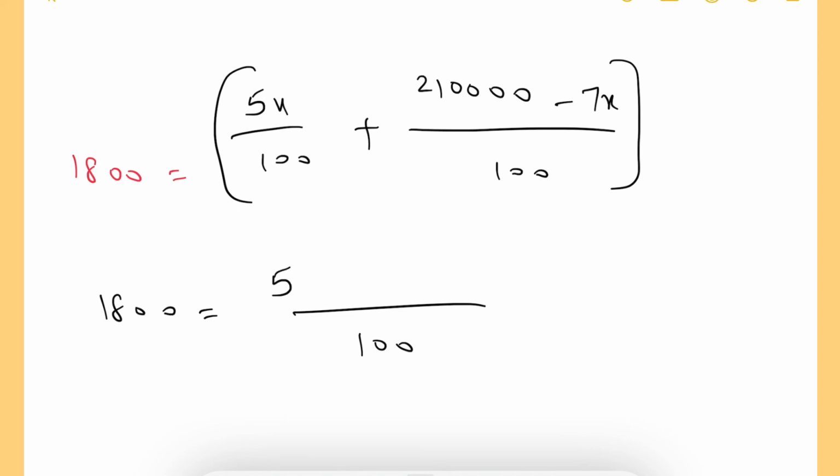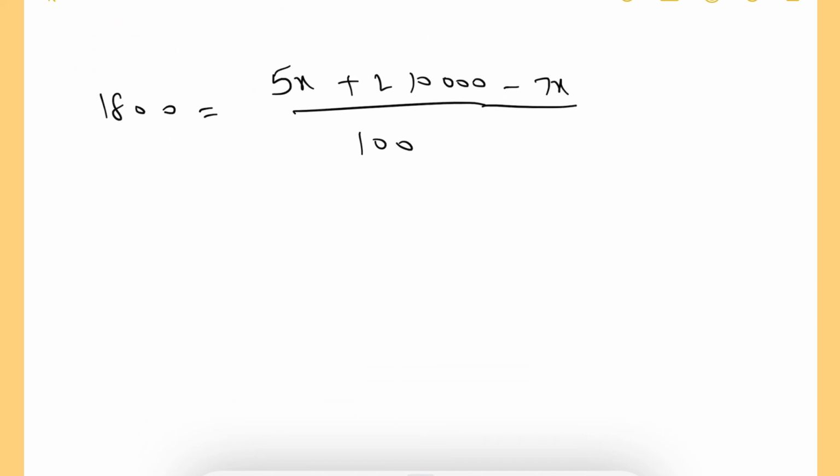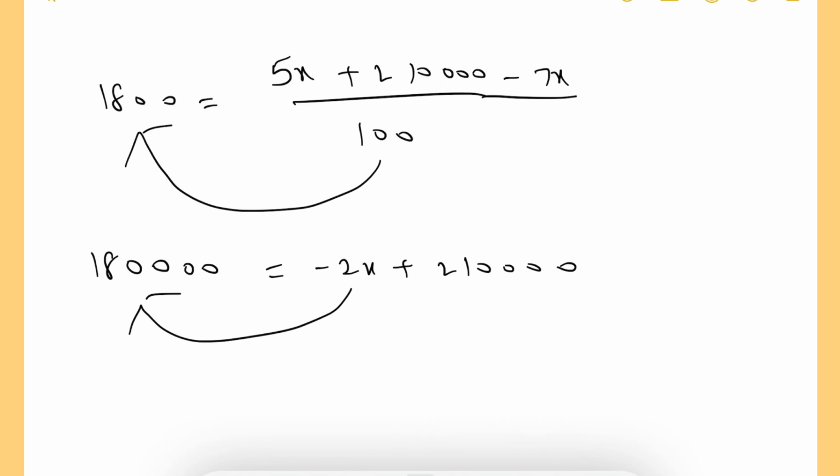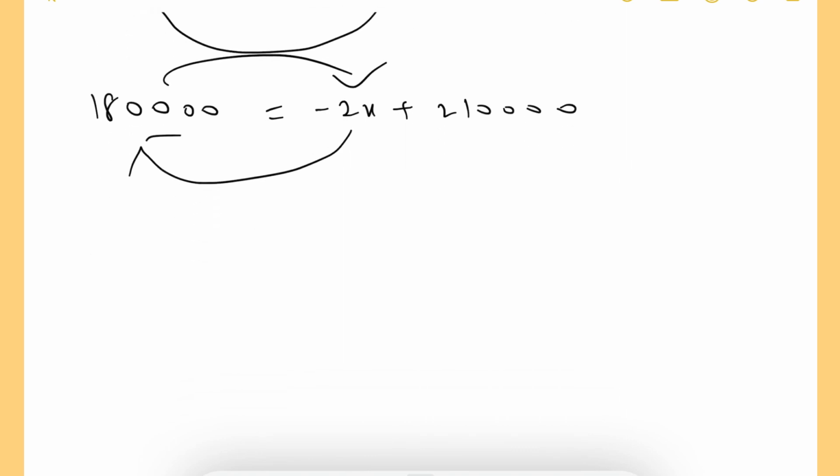Add or subtract the numerators: 5x plus 2,10,000 minus 7x. 100, if I take this side, we will get 1800 with 2 zeros, which equals 5x minus 7x, minus 2x plus 2,10,000.